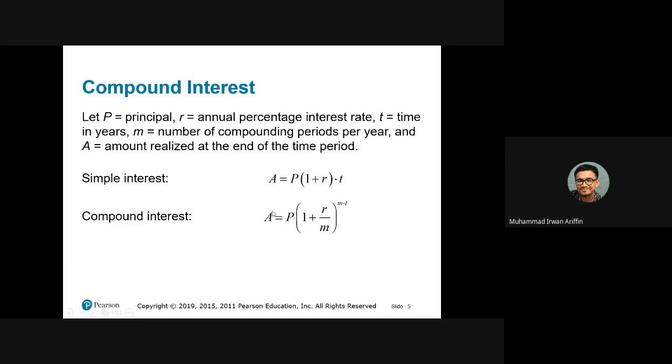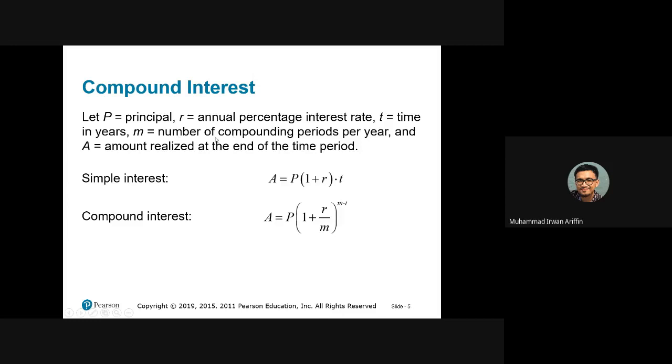Now compound interest is given by this formula, where the principal of your investment is multiplied by the quantity one plus the annual interest rate divided by the number of compounding periods per year. This whole term is raised to the power of T, the time in years, multiplied by the number of compounding periods per year.